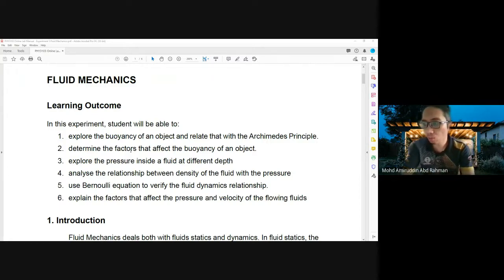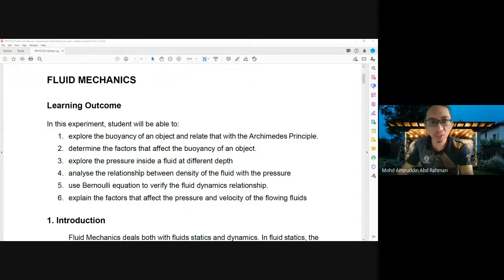Also you need to analyze the relationship between the density of the fluid and the pressure. Then you're going to use the Bernoulli equation to verify the fluid dynamic relationship. And lastly, you need to explain the factors that affect the pressure and velocity of the flowing fluids.